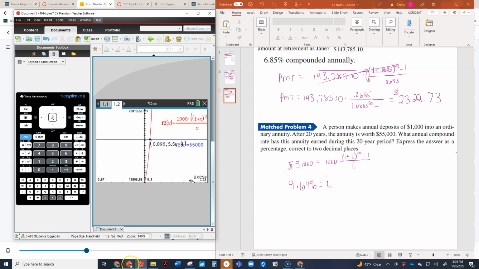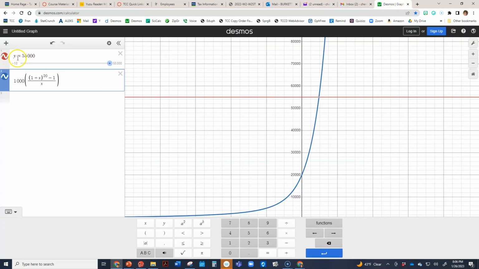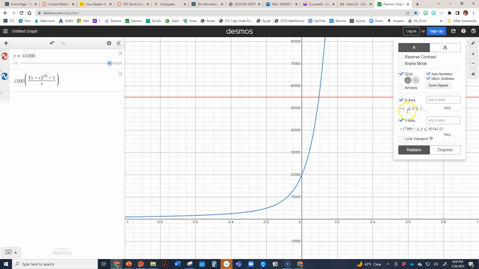You can do the same thing on Desmos. Where did my Desmos calculator go? I put y equals 55,000 right here, and I put that equation. It's a little bit easier to write the equation on Desmos. I did have to change my window in the window settings. I made the x-axis just -1 to +1 because I'm looking at percentages, so all I need are decimal values.